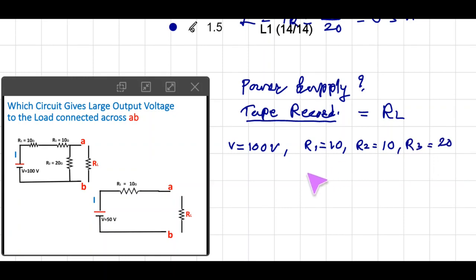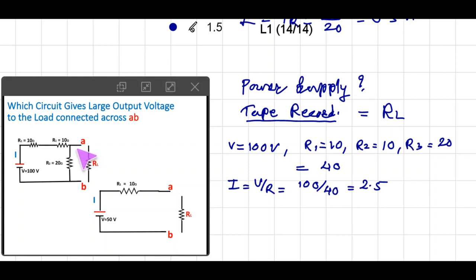So the total resistance in the circuit is 10 plus 10 plus 20 is equal to 40. So current I is equal to V upon R, that is 100 divided by 40, that is equal to 2.5.